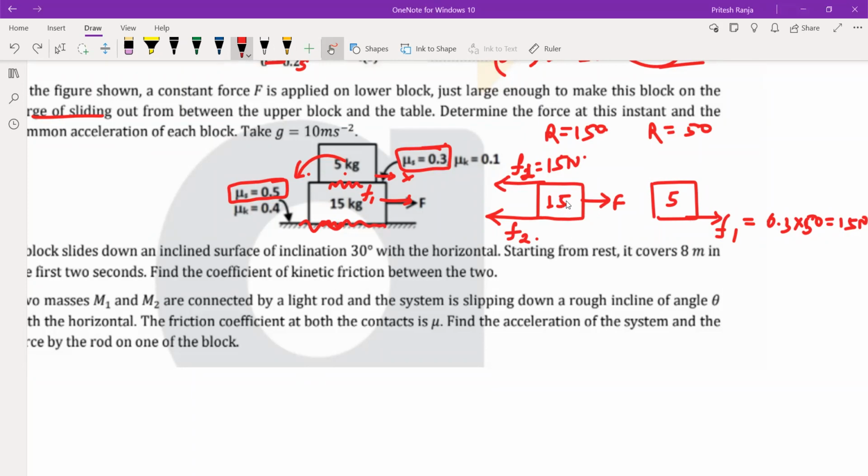So 0.5 into the normal reaction. On this, one more normal reaction will act. The normal reaction on the 15 kg will also be because of this 5 kg. So 50 N and then its weight 150. So normal reaction will be 200. So F2 will be 0.5 into 200. So that will be 100 newtons.